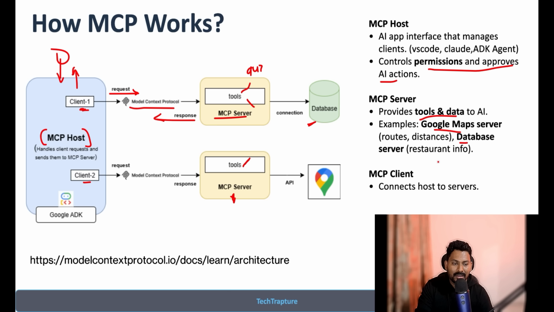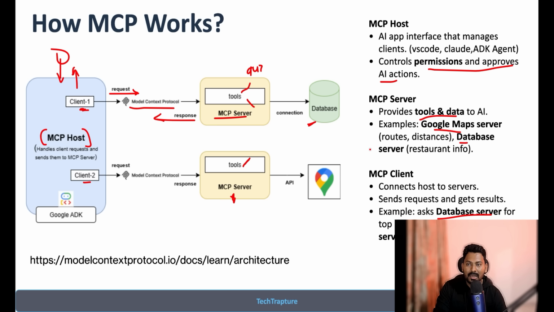So the MCP client sends requests and gets results. Say you ask the database server for top restaurants; your MCP host decides the table, decides the query, and sends it to your MCP server. It will execute the query and get the response back to your client. This is how MCP works at the back end. This is the whole overall picture.